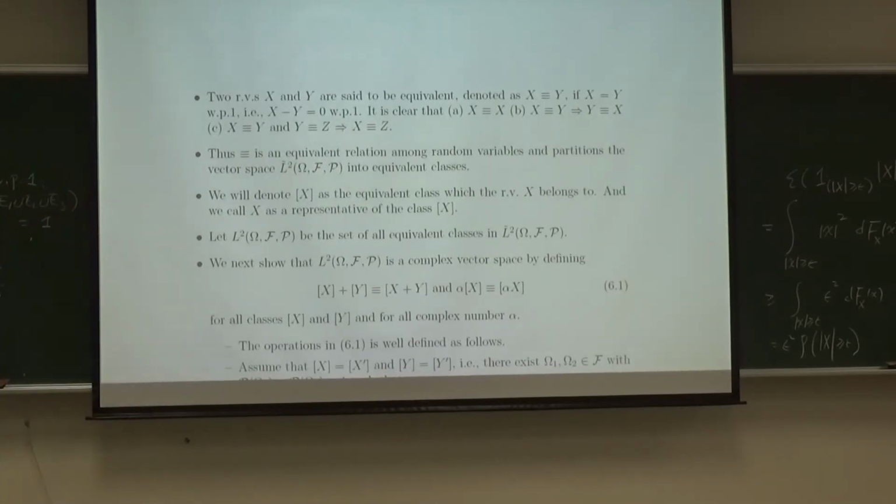So we established the equivalence relation among the random variables in this tilde L squared space. We will denote the equivalence class that a random variable X belongs to as the bracket of X here, and we call X a representative of the class.